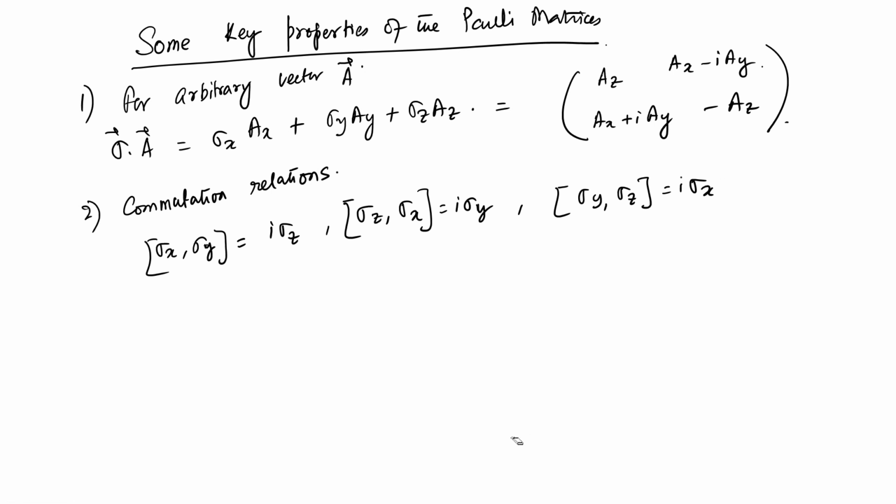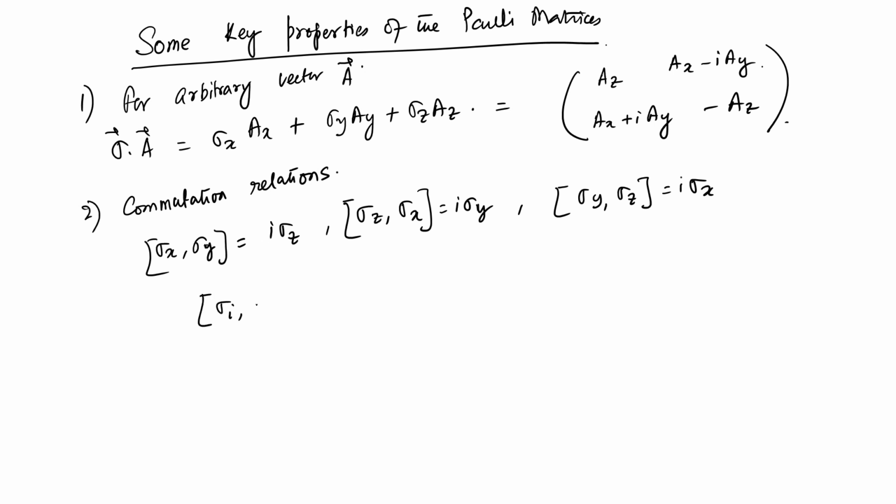If you take it in the other direction, that is not sigma x, sigma y, but sigma y, sigma x, you are bound to get a minus sign here. Okay, so these are all understood.